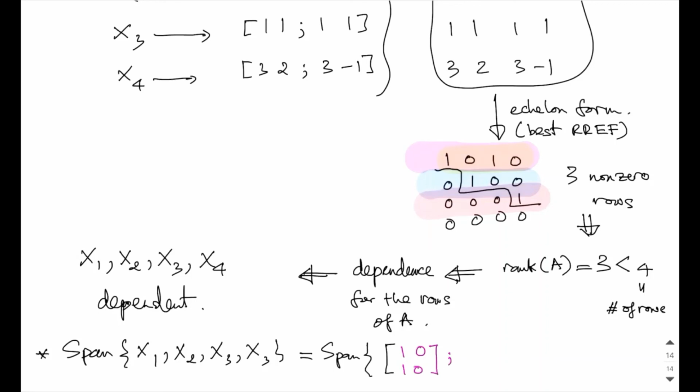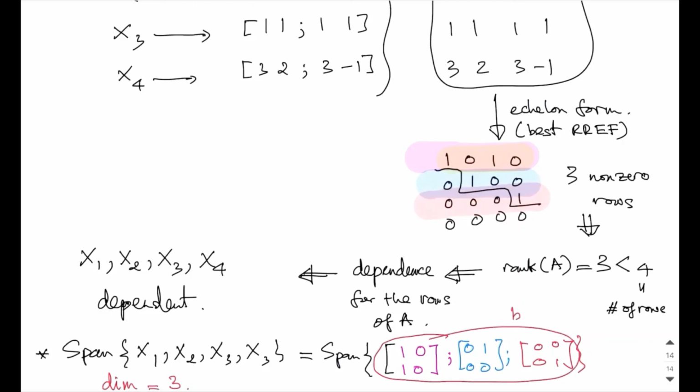Then we move to the next one, and remember to rewrite it back to a matrix form. So this is going to be 0, 1, 0, 0. And then the last one, 0, 0, 0, 1. All right, and the dimension is going to be 3 as well. And this is a basis. So that's how we use the theorem.